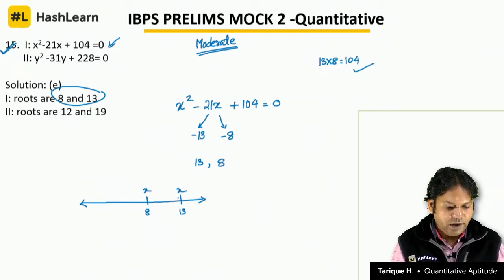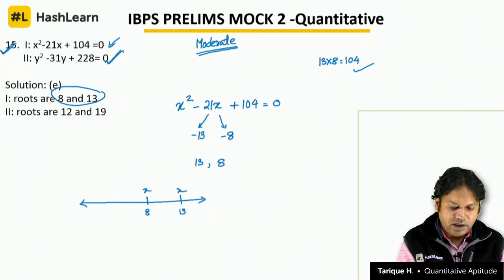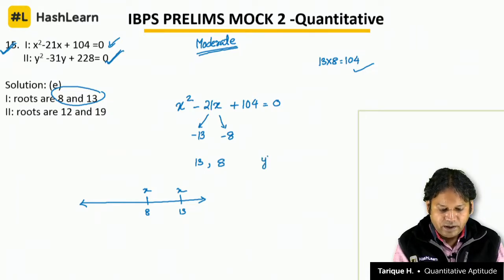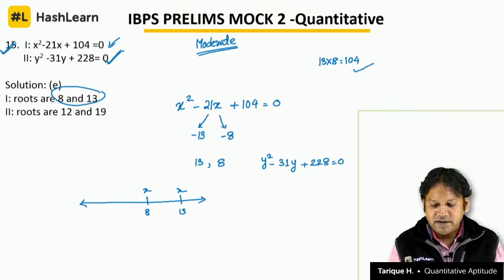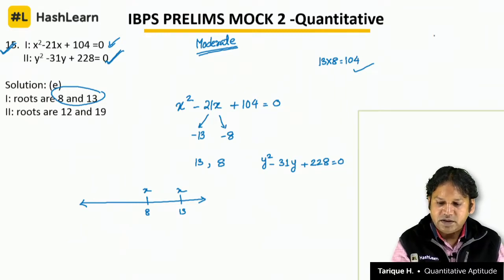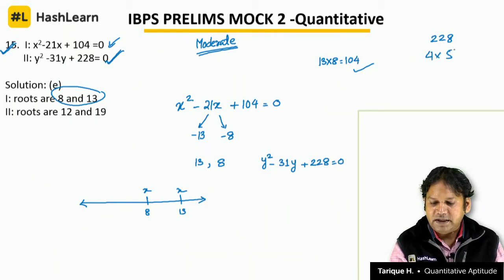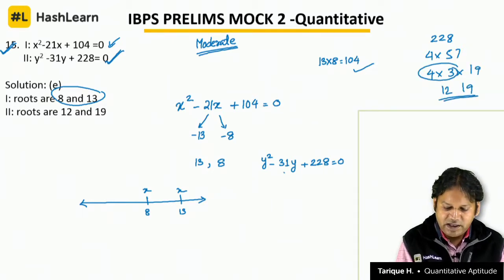Now the next quadratic equation is y square minus 31y plus 228 equal to 0. So how are you going to factorize this? 228, so try to factorize it quickly. 228 I can write as 4 into 57, and 57 I know is equal to 3 into 19, that gives us 12 and 19, and you can see 12 and 19 adds up to 31.